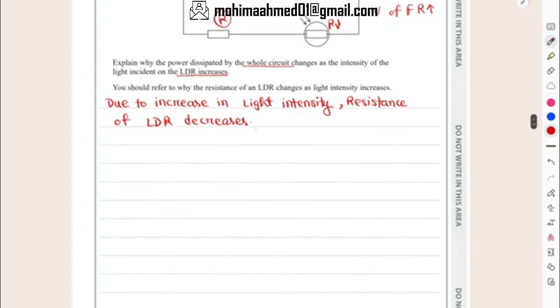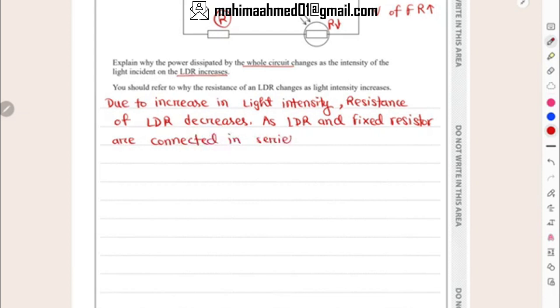You could just write it in this format: as LDR and fixed resistor are connected in series, then write that equation RT equals R fixed resistor plus R LDR.